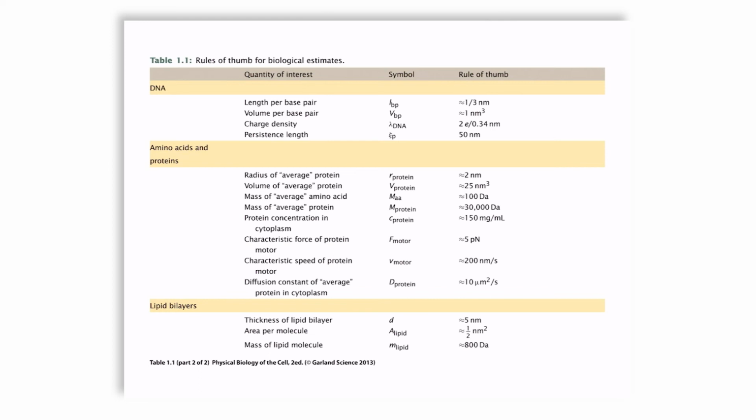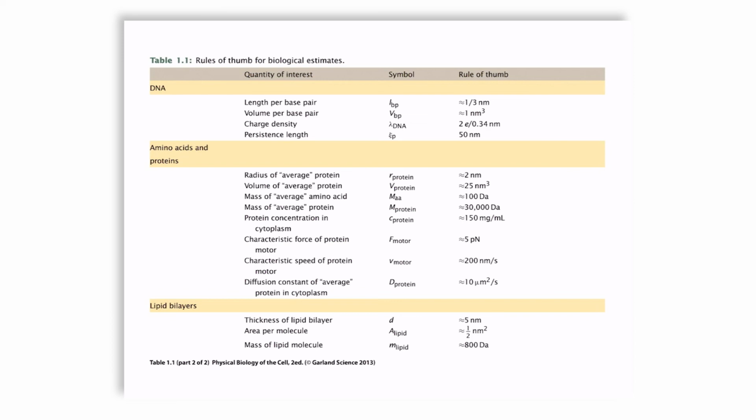DNA has a length per base pair of 0.3 nanometers, 0.34. Volume per base pair is 1 cubic nanometer. This is the volume which is made up by the base pair height combined with the diameter of the DNA, which is 2 nanometers. Charge density is 2 electrons per 0.34 nanometers.